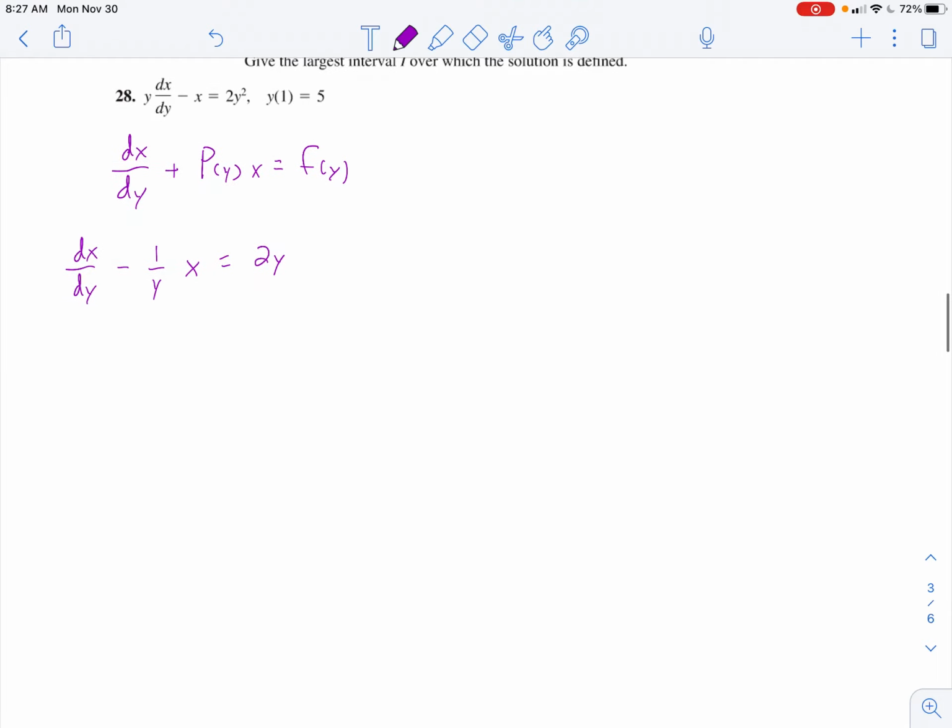Now, the integrating factor is going to use our p of y, which is negative 1 over y. So I have e to the integral of negative 1 over y dy. That's our integrating factor.